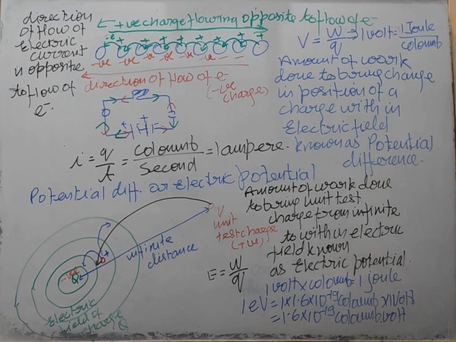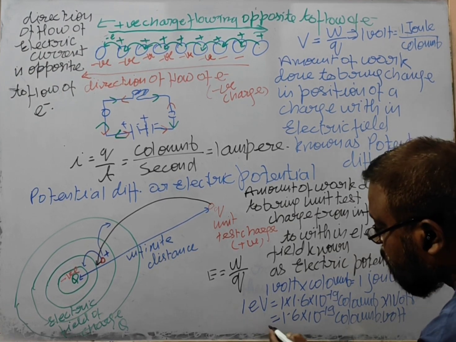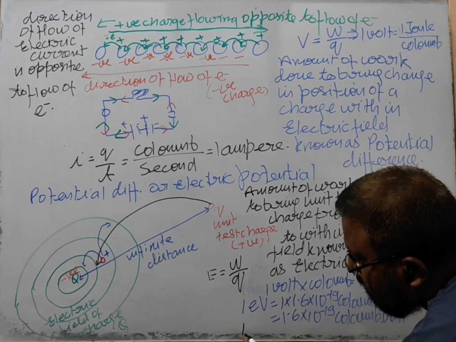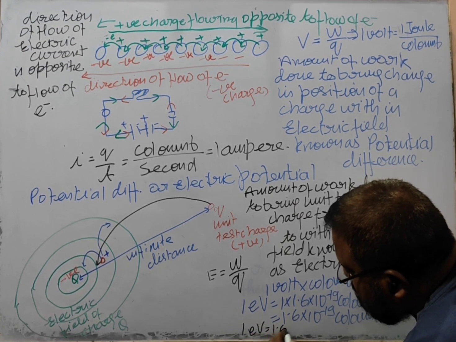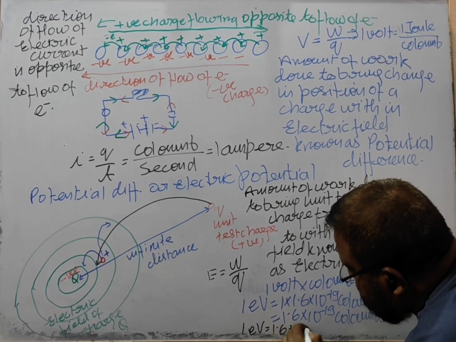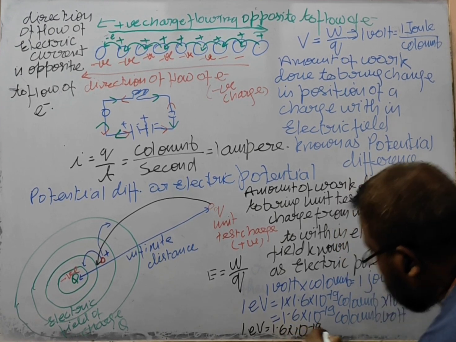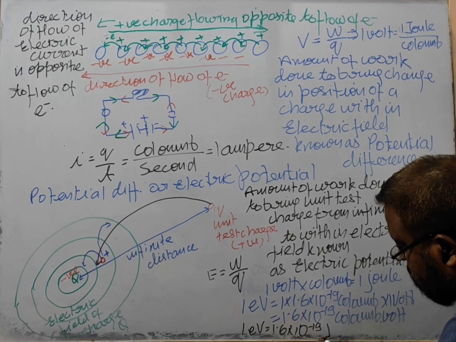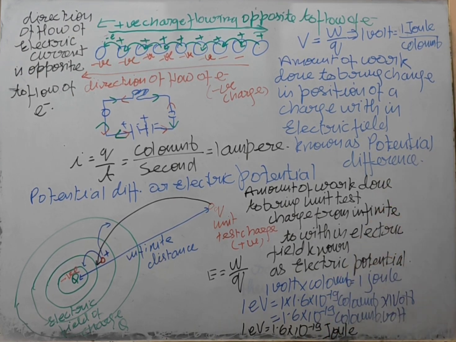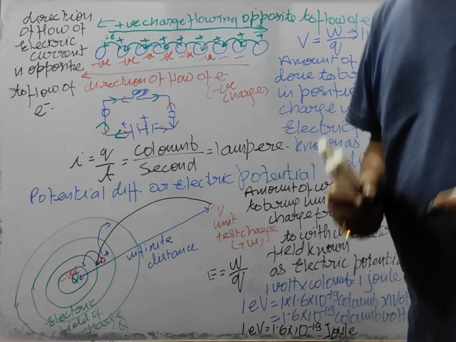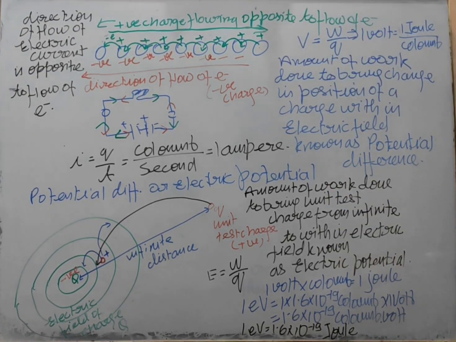So 1 electron volt is equal to 1.6 into 10 to the power minus 19 joule, right? This is the value of 1 electron volt which is going to be asked, right?